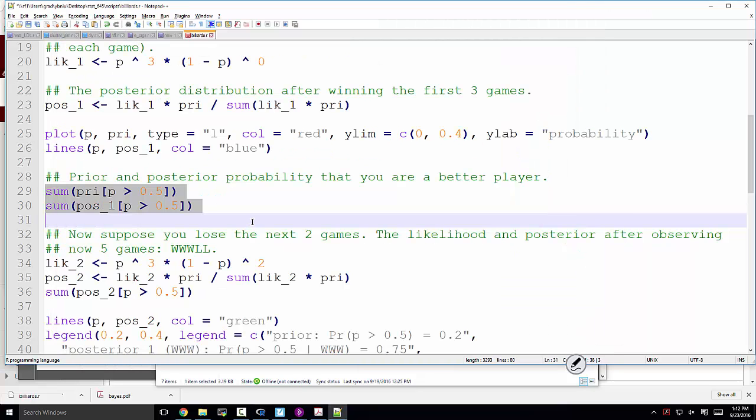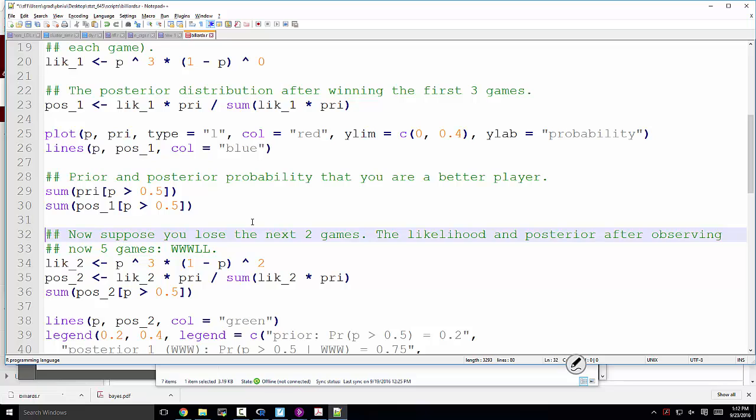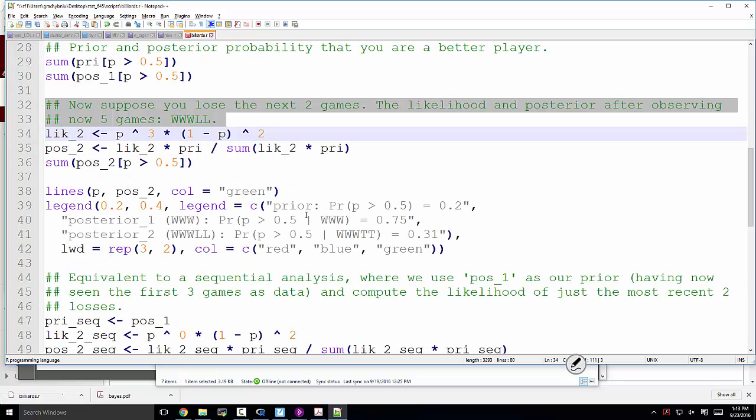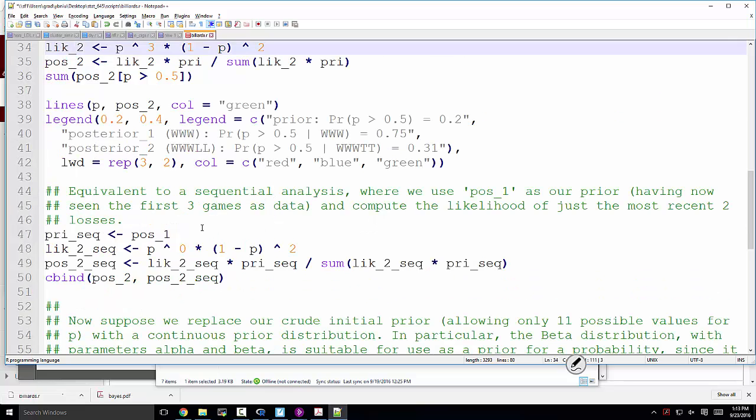And then let's finish this. Suppose we win or lose the next 2 games. We lose the next 2 games. What do we do now? We have 2 options at this point. One is to treat the prior at this point, after having won the first 3 games but before playing the next 2, as our posterior beliefs after those first 3 games.